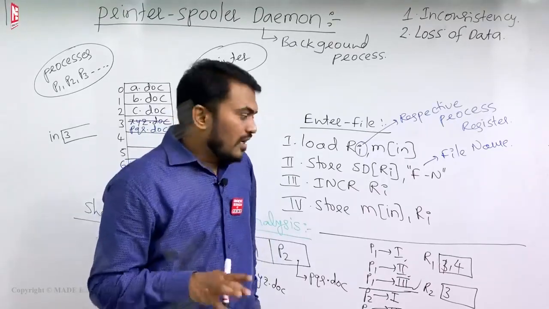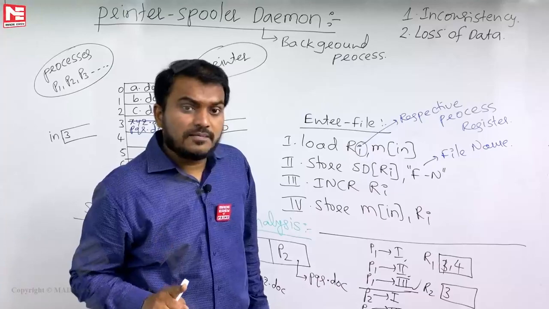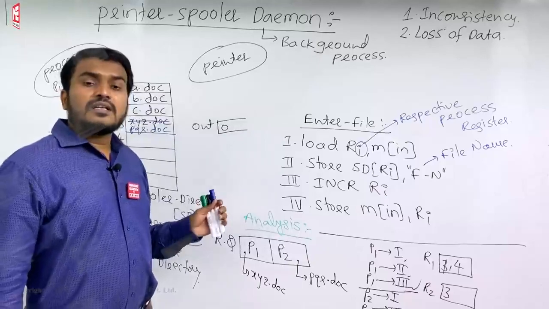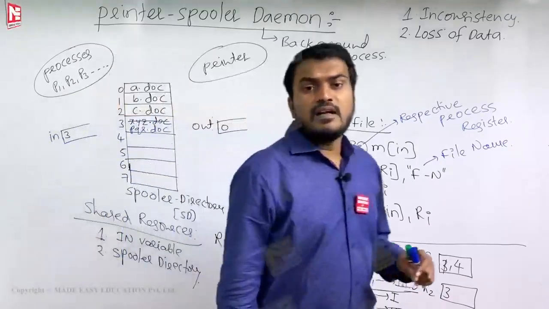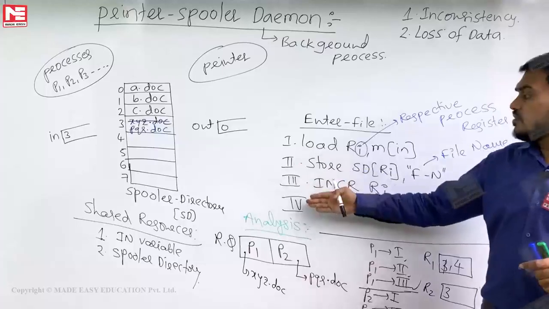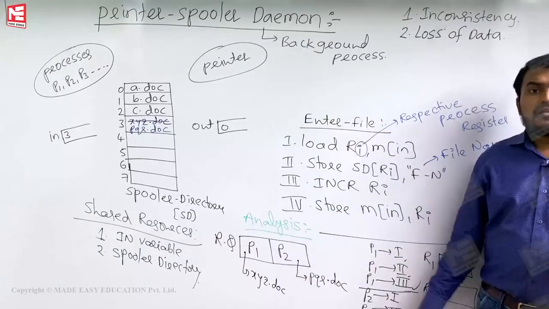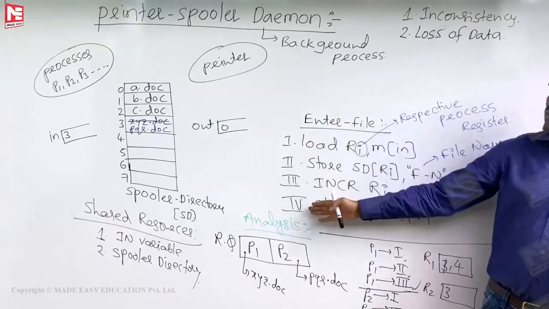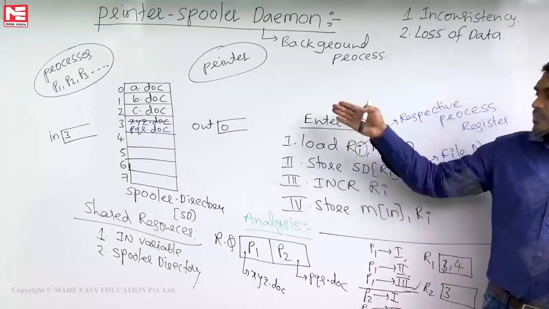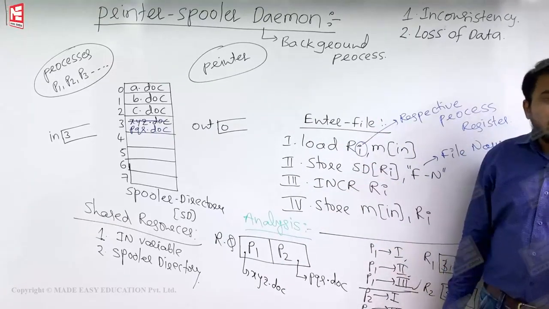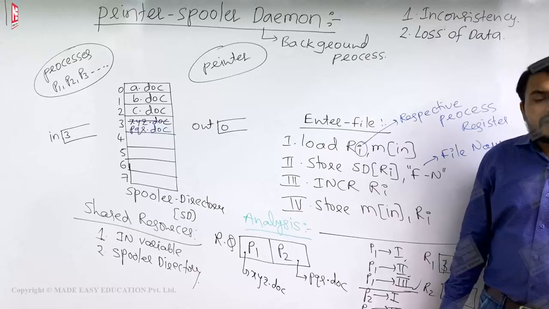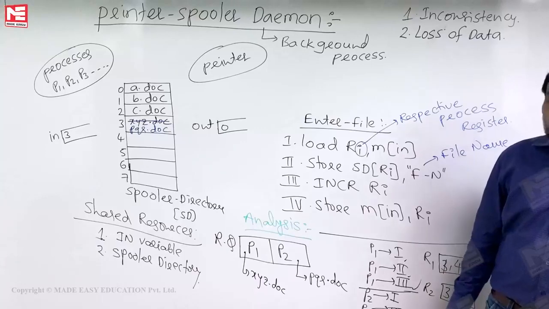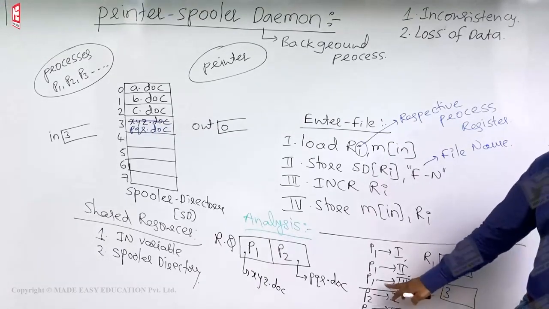Is that clear? Now listen to my statement very carefully. Remember, if all these instructions are executed without any preemption, the solution may work fine. But remember, you cannot guarantee that preemption will never arise after the third instruction.